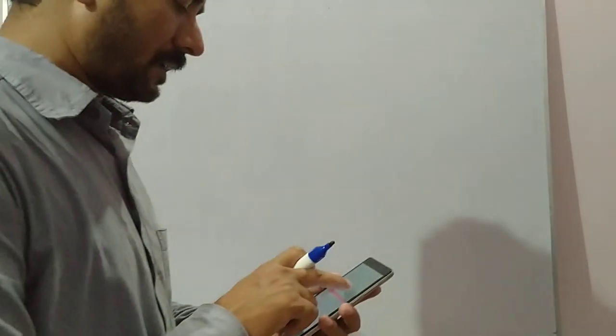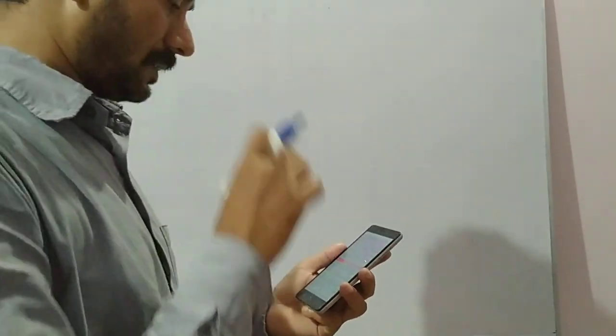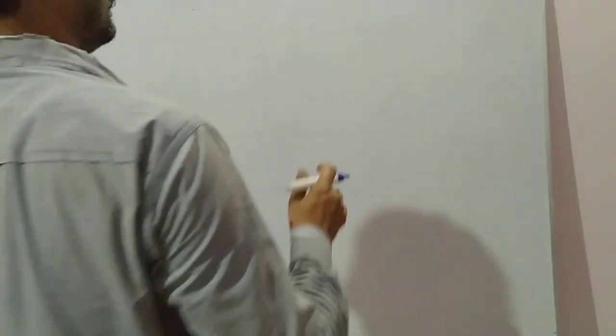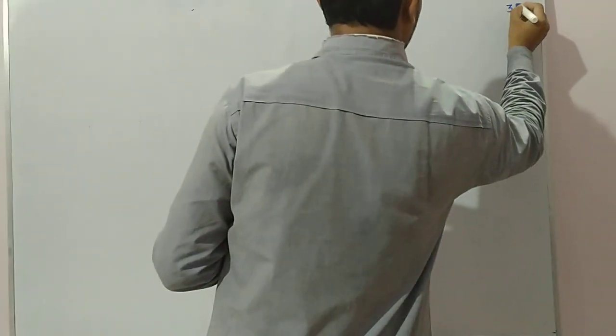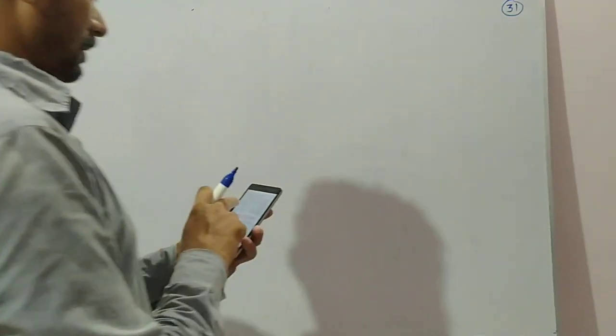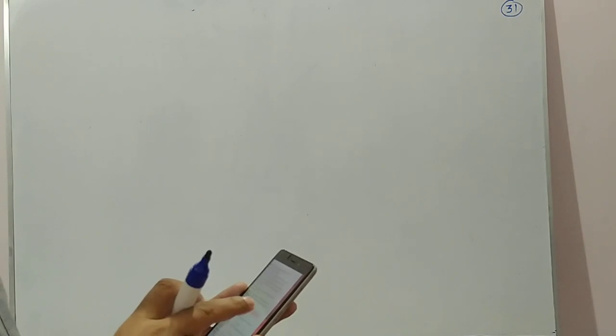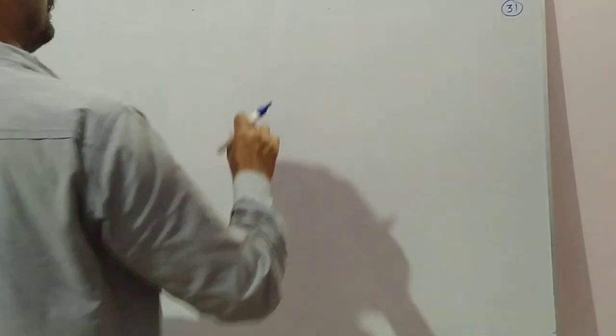In question number 31, it is given that a person invests 6,750 partly in 6% shares at 140 and partly in 5% shares at 125.